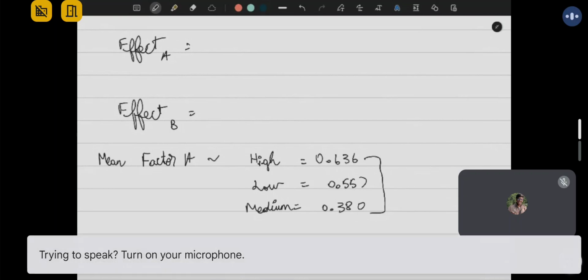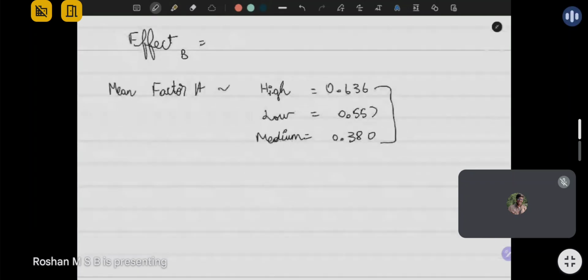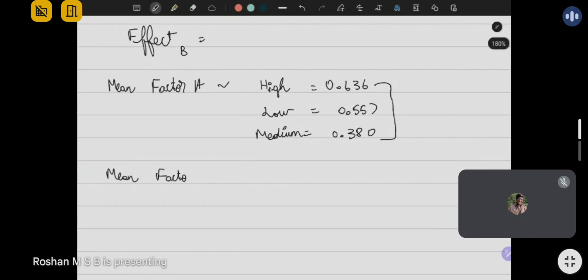So your effect for A is around 0.2566. 0.26666. Yeah. Similarly, if you write the mean for factor B, your high comes out to be 0.283.